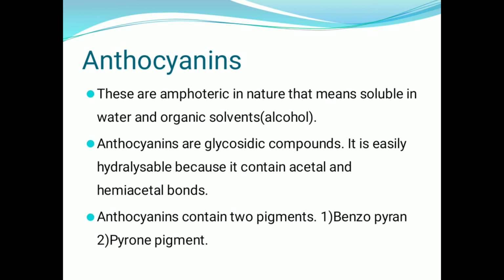Anthocyanins contain two pigments. First one is benzopyrone, second one is pyrone pigments. Okay, anthocyanins are amphoteric in nature, that means soluble in water and organic solvents.